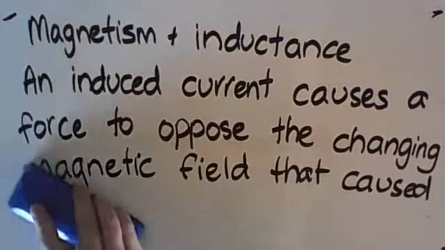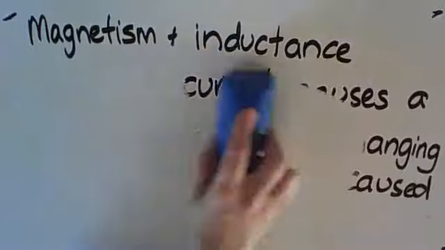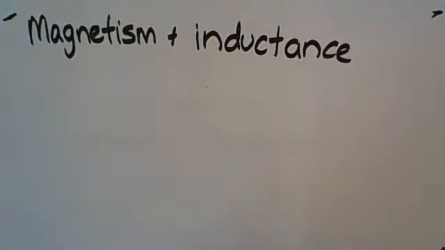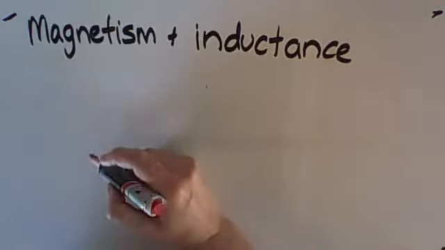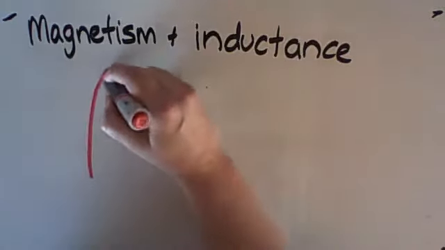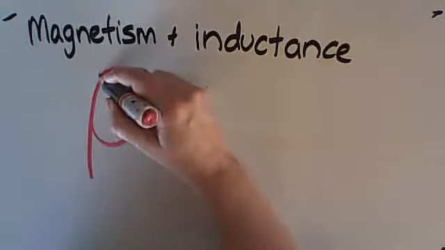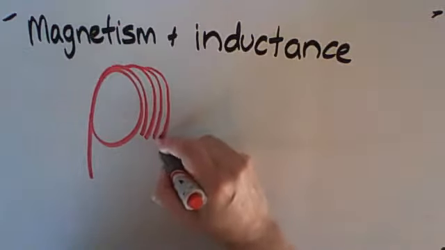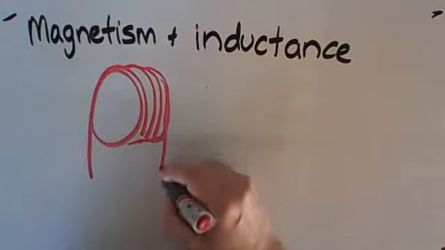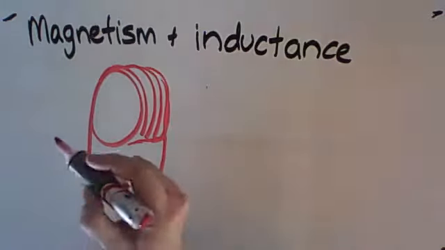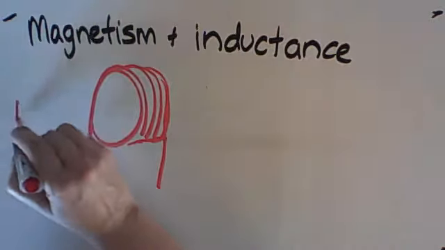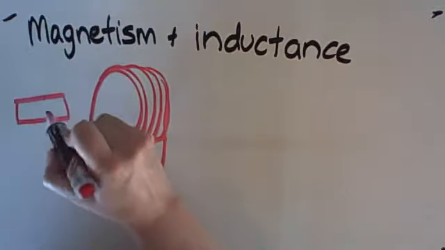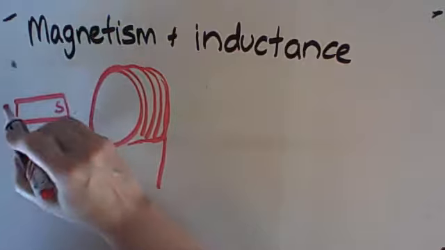So let's ignore this lengthy, wordy thing and look at an example of, say, a solenoid, which is basically a coil of wire with a number of turns on it, okay? And what we see is that if we take a magnet, so here it is, there's our south pole, our north pole.